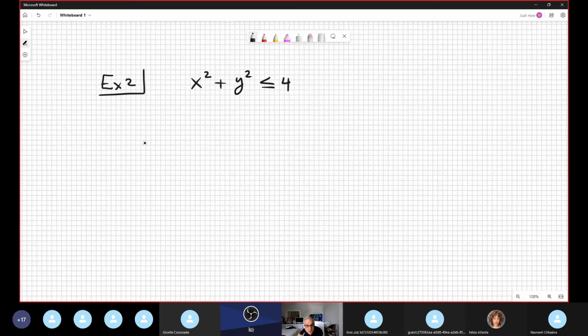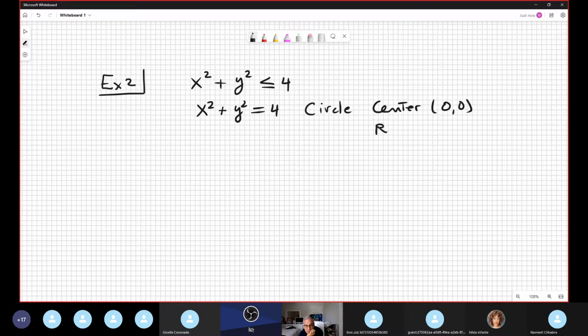Well, I convert to equation because I am a little bit familiar with the equation. I identify, wow, it's a circle. It's a circle with a center located at the point 0, 0, and the radius is 2.